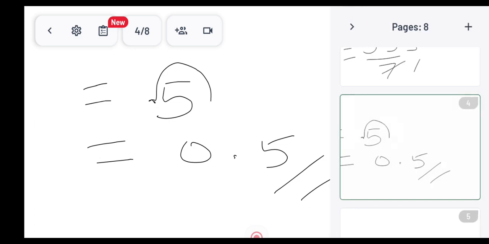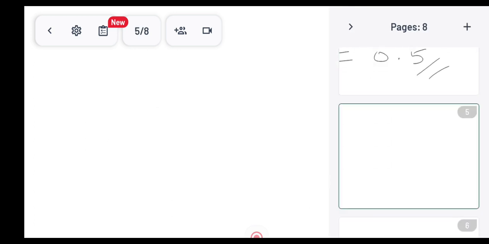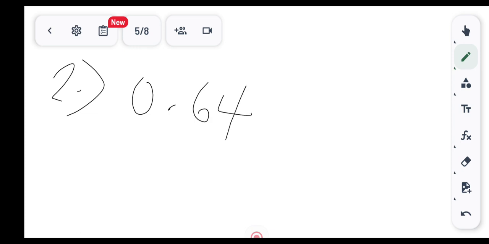Let's do one more example. We have 0.64 divided by 3.2.